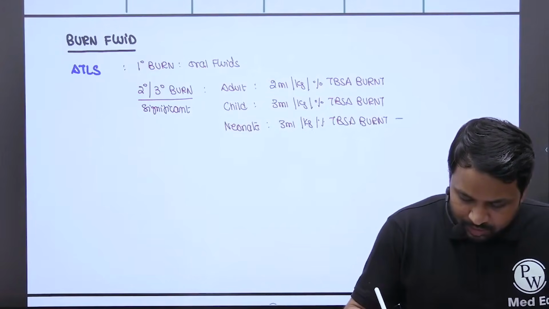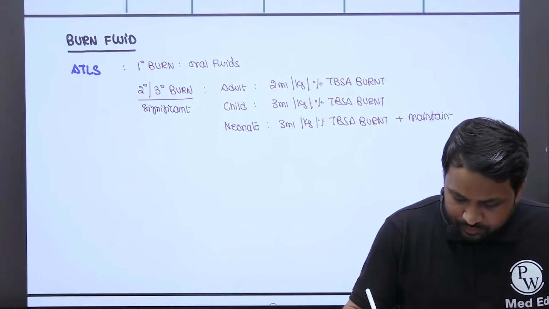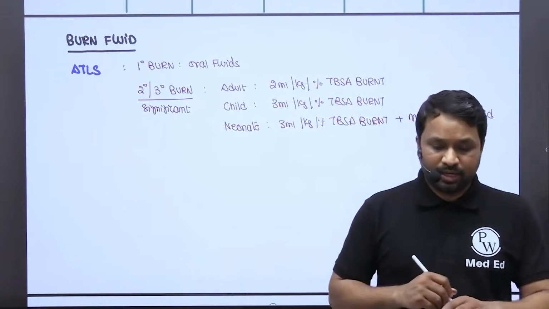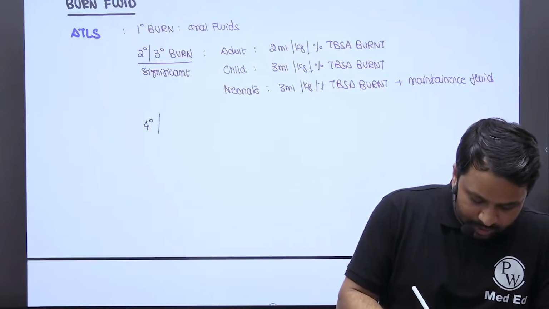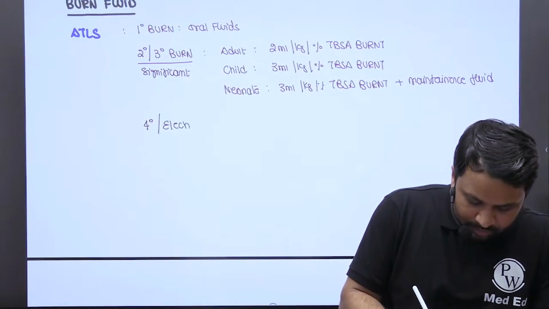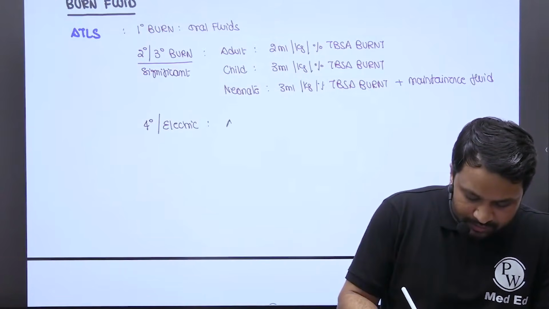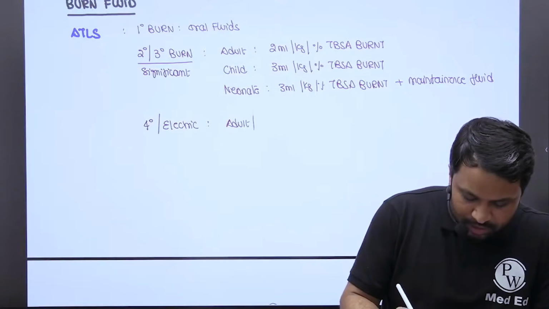Along with that, I will also add the maintenance fluid. I will always add the maintenance fluid to this patient, if it is a second or third degree burn. If it is a fourth degree burn or an electric burn, it does not matter if it is an adult or a child.